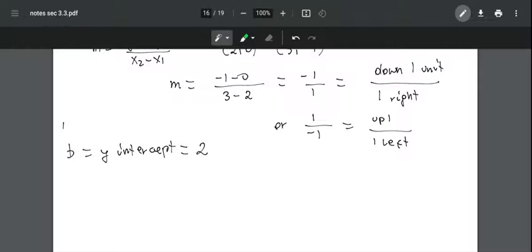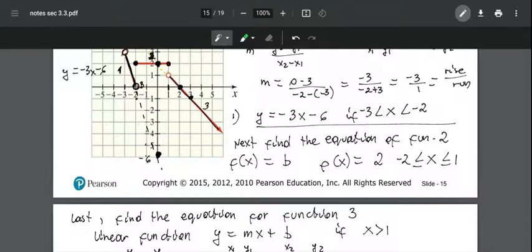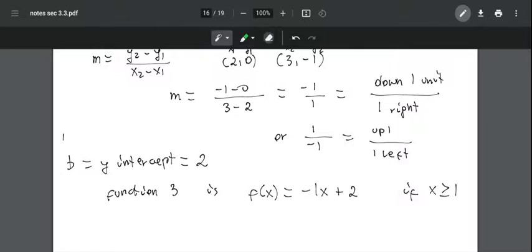First I'm creating the equation, then I'm restricting the domain. So function 3 is f of x equals negative 1x plus 2, and only works for x greater than 1, not equal, because like you see, we restrict the domain.